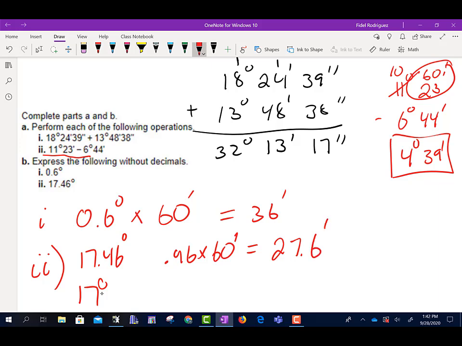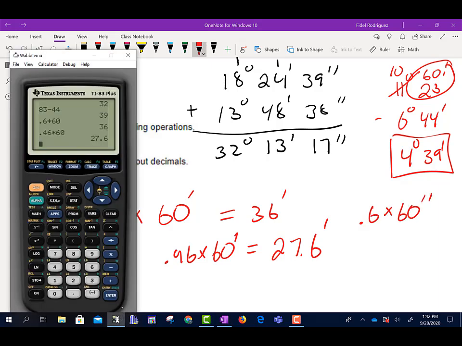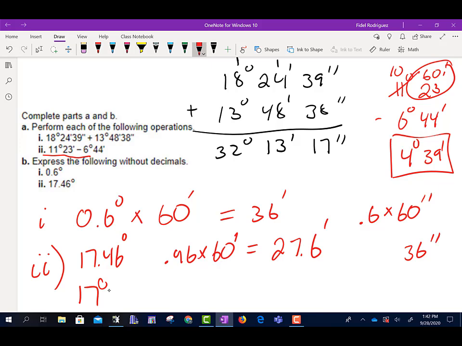But I want to convert this 0.6 to seconds. So 0.6 times 60 is 36 seconds. So now we have 17 degrees, 27 minutes from this part right here, and 36 seconds.